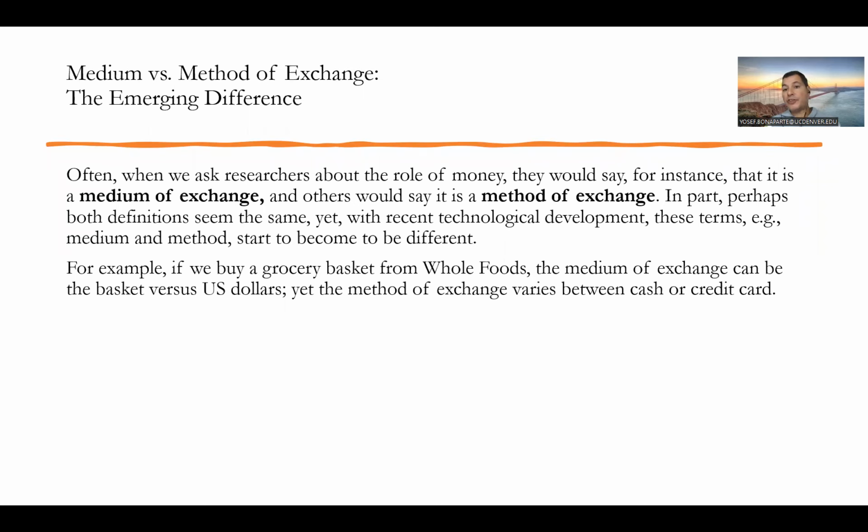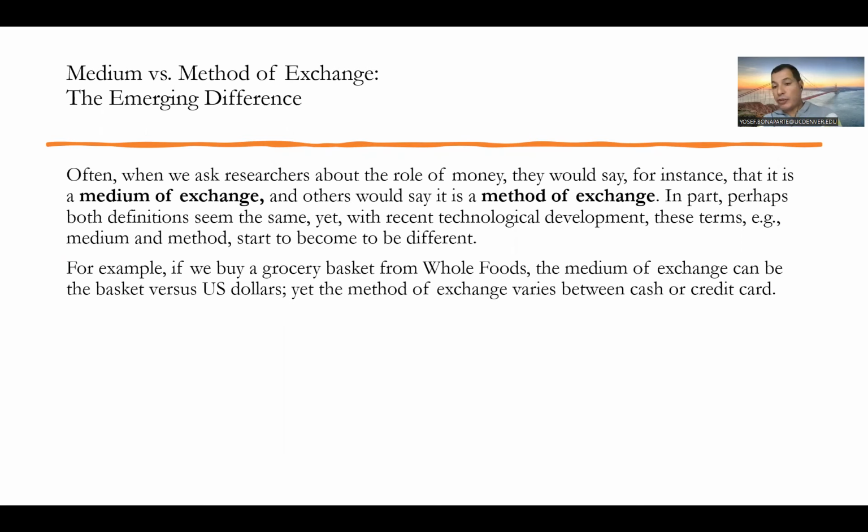Now, medium of exchange versus method of exchange, and how that's important for crypto. Before, the medium of exchange was the same as the method of exchange. Like I go to the store, I buy groceries, it costs me $100, I give him $100. The medium of exchange is the dollar. The method of exchange is cash, also the dollar. Now, these days, the medium of exchange is a dollar.